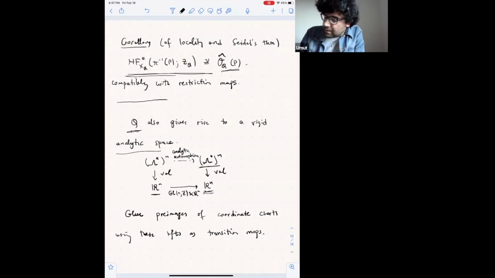And then if you have an integral affine atlas, you can just consider the pre-images of the domains of your coordinate charts in this non-Archimedean torus, and glue those pre-images using the lifts of these integral affine transformations and obtain an analytic space. But it's a rigid analytic space.